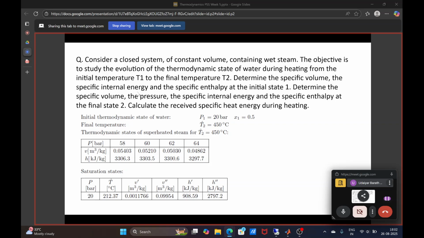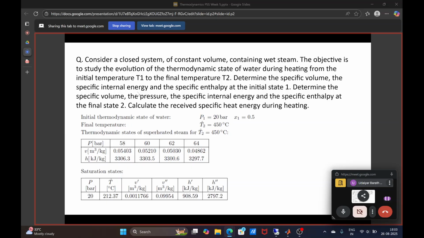Initially it is at a temperature of T1 and finally at a temperature of T2. So what are the properties we need to calculate? At the start, the specific internal energy, specific volume, and specific enthalpy, and similarly at state 2. We also need to find the heat energy which is being supplied.